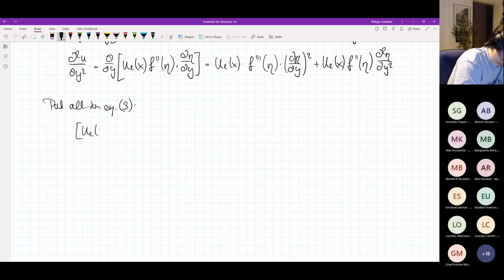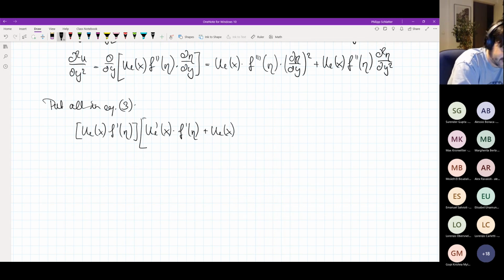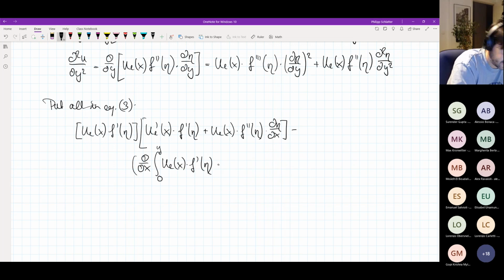So we have ue of x times f prime of eta. That needs to be multiplied with ue prime of x times f prime of eta plus ue of x times f double prime of eta times d eta dx, minus, now comes this integral term, d dx of the integral from 0 to y of ue of x times f prime of eta dy.